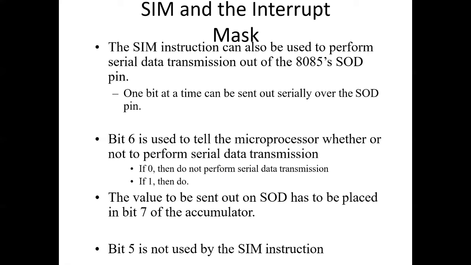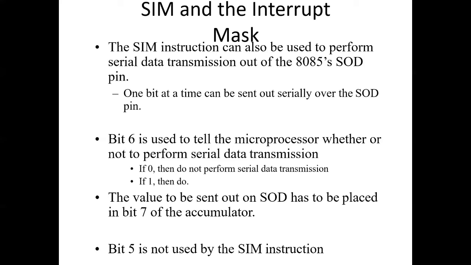Bit 6 is the serial output enable bit. If this bit is equal to 0, the SIM instruction is not being used for serial output of data. In such a case, the MS bit of the accumulator does not have any useful information. If the SOE bit is equal to 1, the SIM instruction is used for serial output of data.